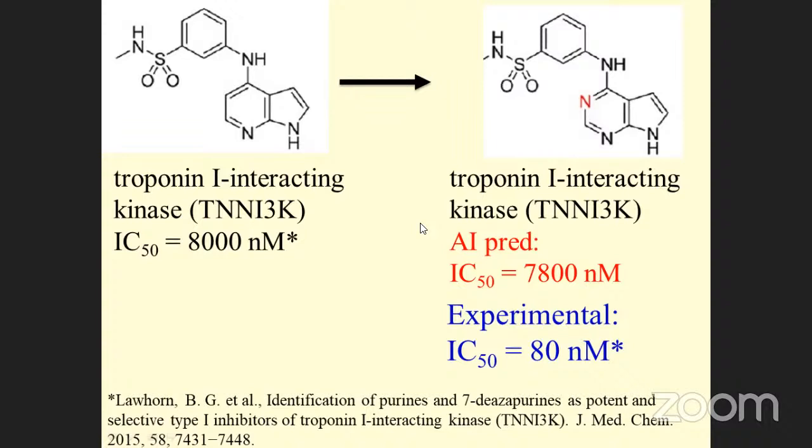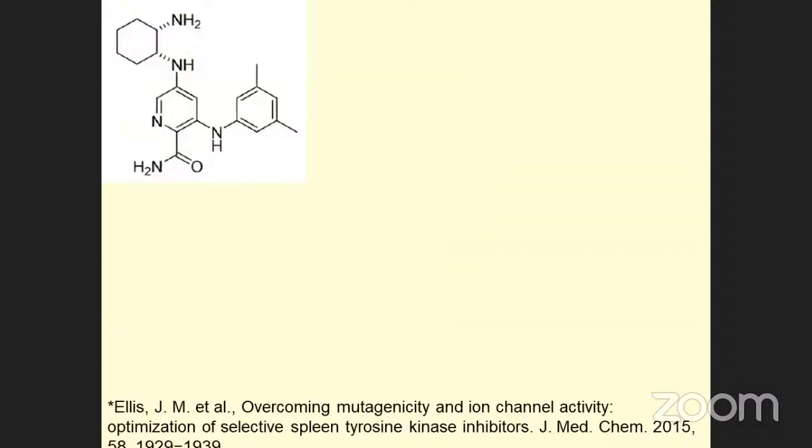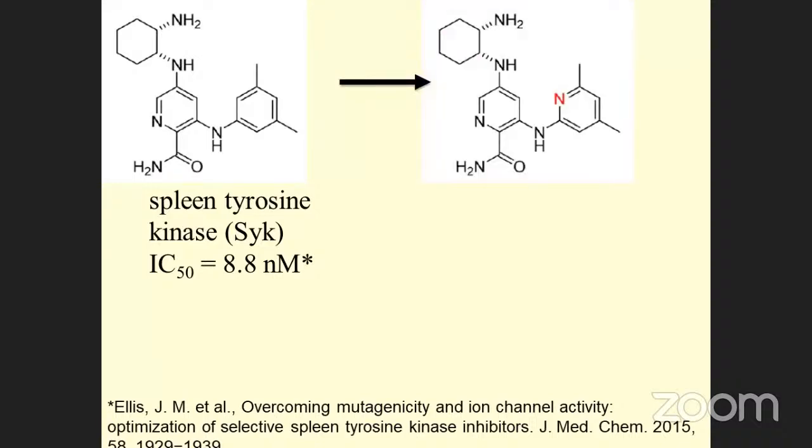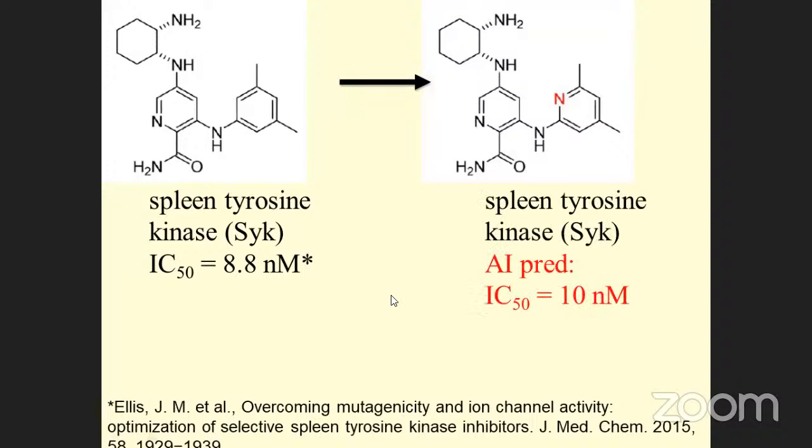So you'll say, single example, many more molecules in the world. Let's go ahead. So the same trick was used again for another type of molecule, another testing. For example, for splenic tyrosine kinase, again for cancer, biological activity 8.8. Another derivative was prepared with a simple replacement of carbon by nitrogen. Again, AI predicted it to be very, very close.